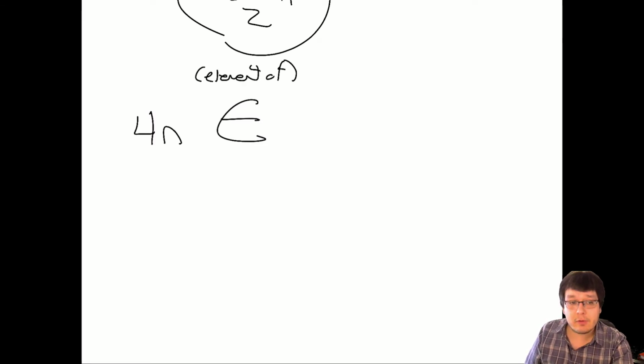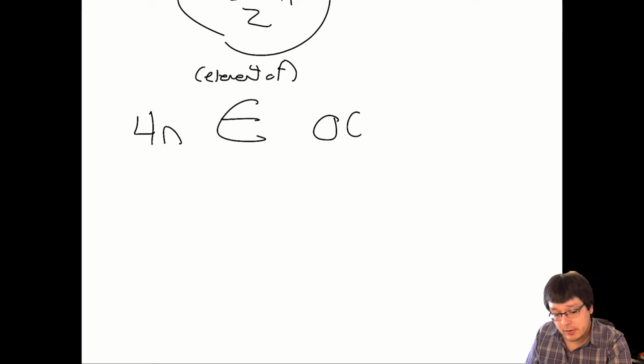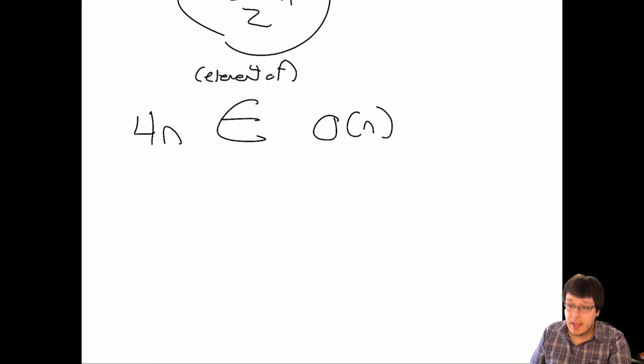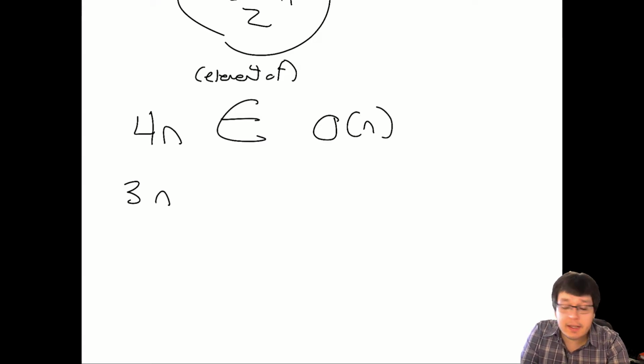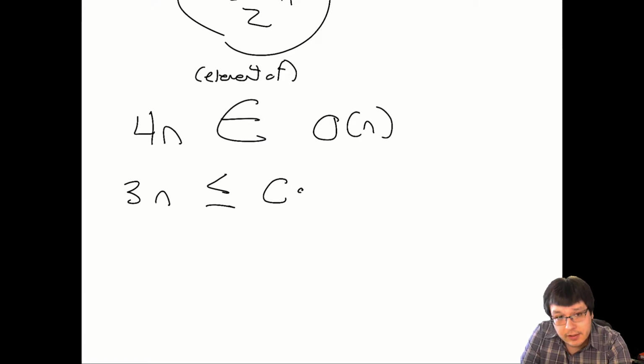So we're going to say that 4n is an element of O(n). Okay? And so again, we need to put that in terms of f(n) is less than or equal to c times g(n). So what that really converts to is saying 4n is less than or equal to c times n.